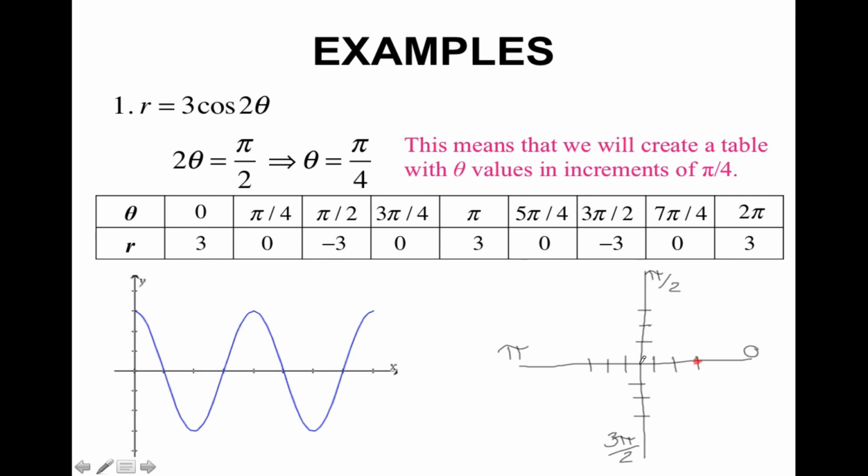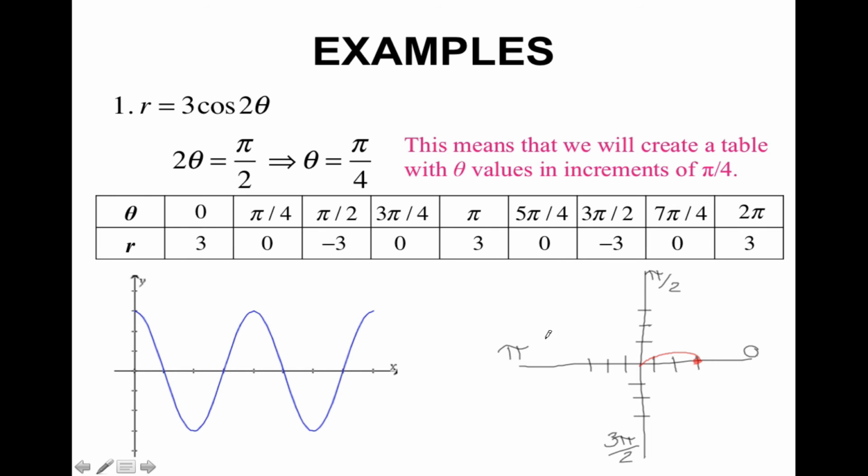Now, when I actually draw and connect, it's going to be like a loop, something like this. And you can see this connection over here on this grid, where you start at the 0 and you go to the positive 3. And that's what I'm doing here.